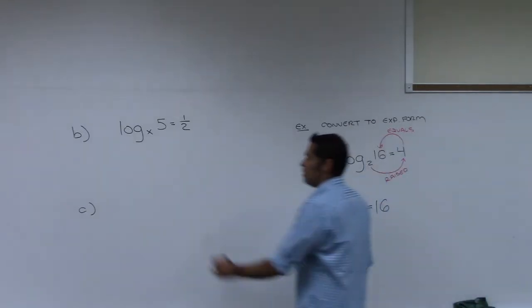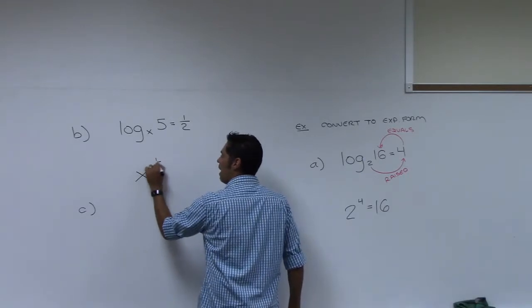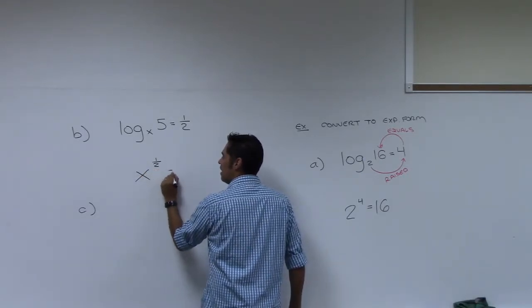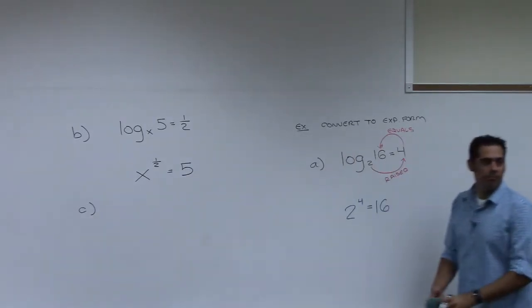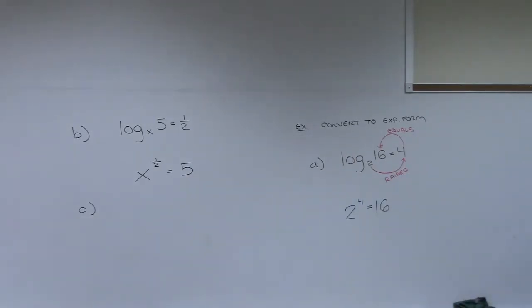So I'm going to raise x to the 1/2 power and say that's equal to 5. That's your exponential form. I'll do one more.